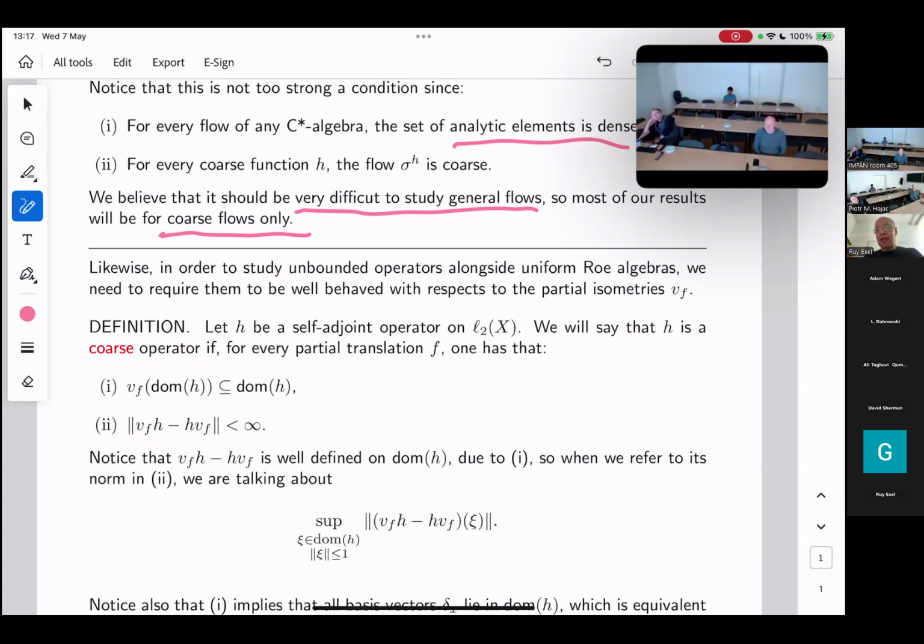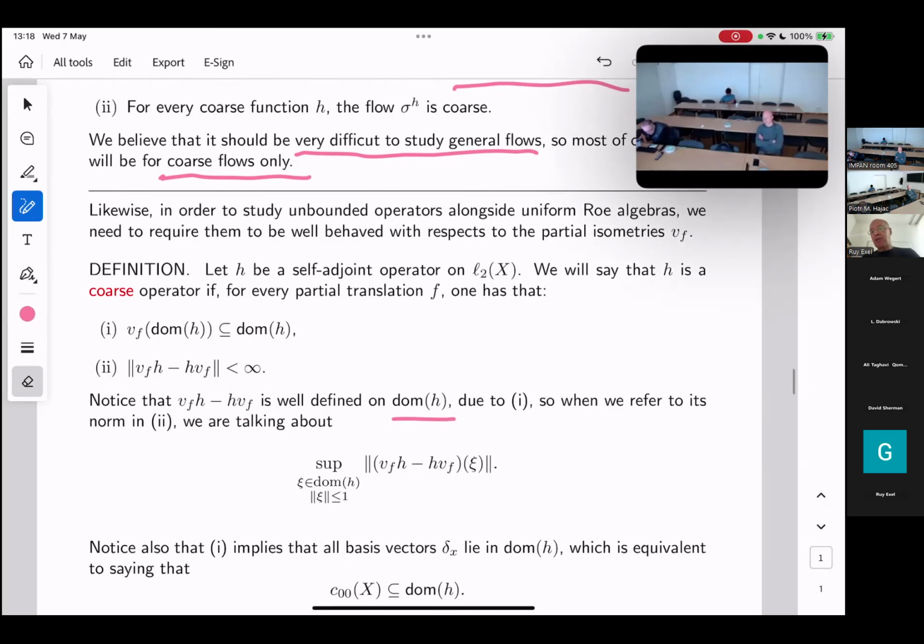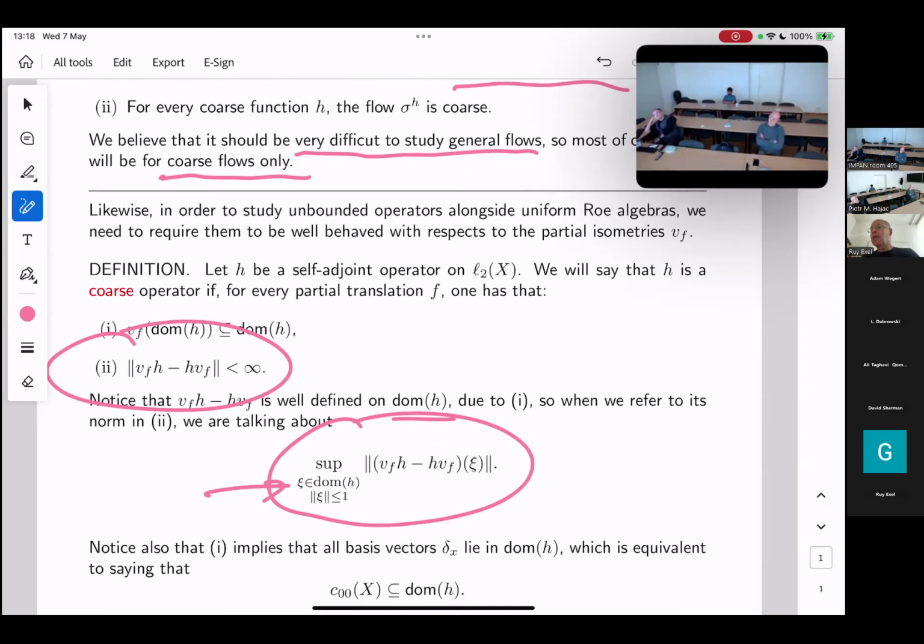But one observation is that this operator is well defined on the domain of H, because if you apply V_F to a vector, then the outcome is in the domain of H. So this commutator is well defined on the domain of H. And so when we talk about the norm in item number 2, we are talking about the norm on this domain.